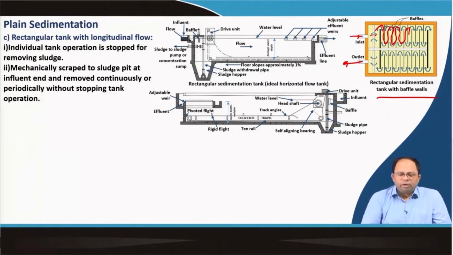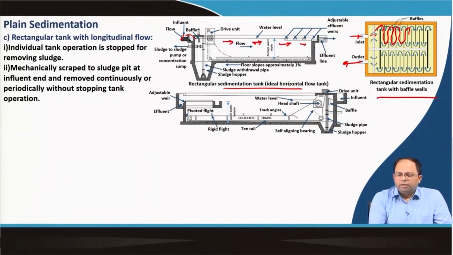Usually, if we have a longish rectangular sedimentation tank, as you can see in this one, this is where the water comes in, and then the water goes into the tank and flows in this direction, longitudinal flow in one direction.